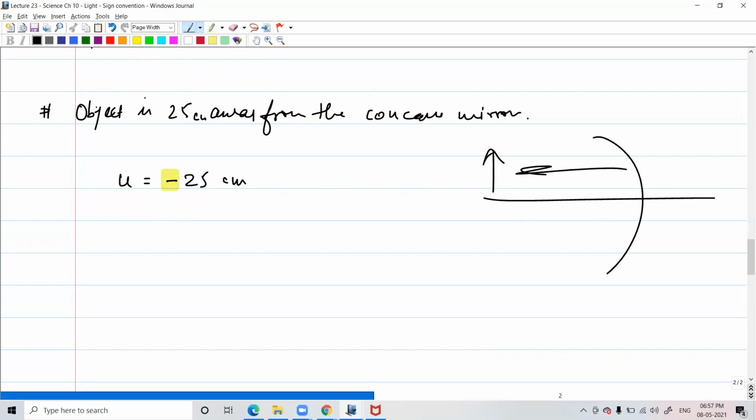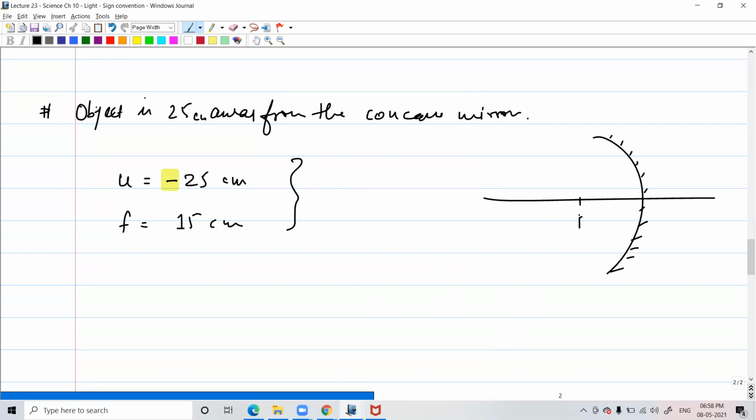Then if you have to find the image distance, let's say the focal length is given as 15 centimeters. Can you tell me roughly where the image of this object will be? Between center of curvature and focus.